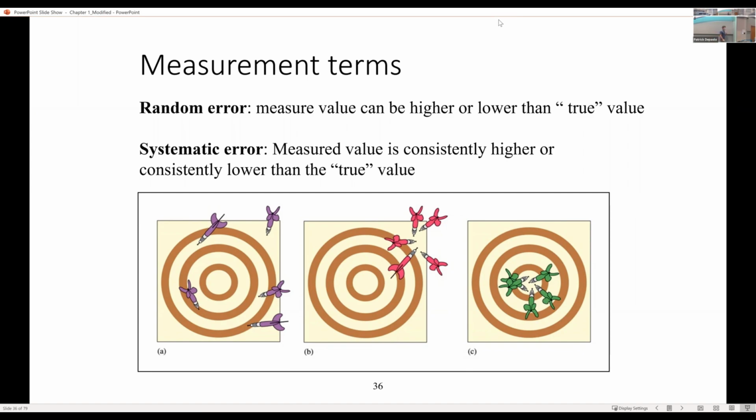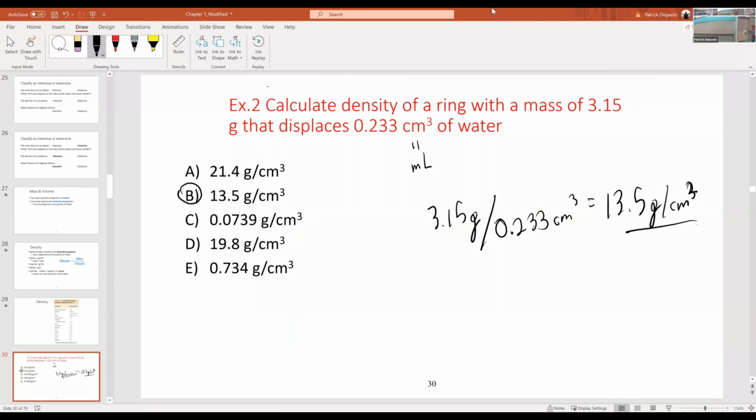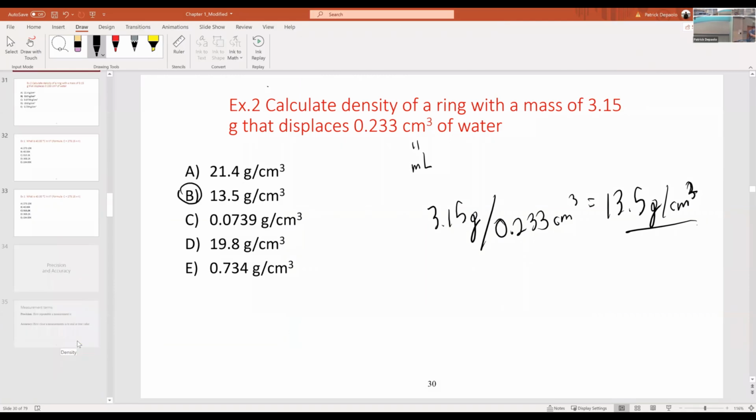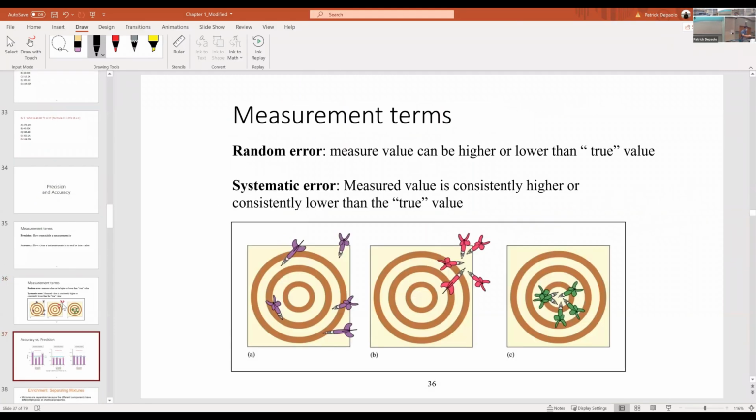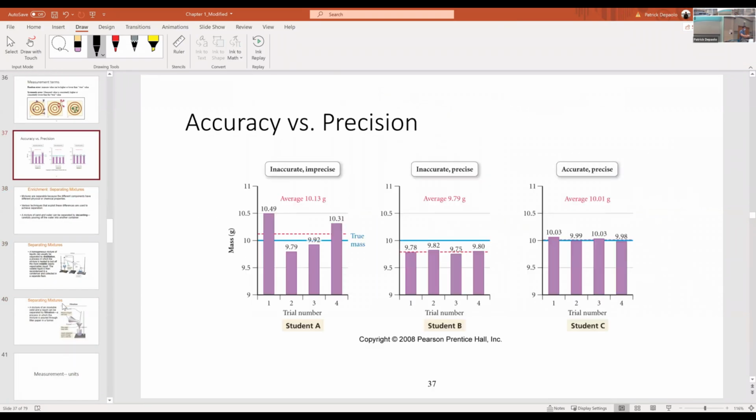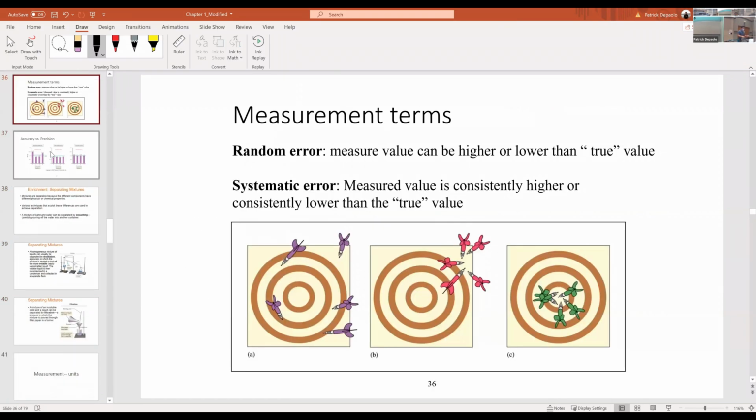So if you were to see a graph that showed this, it would look like this. Let's say you're supposed to get this as a graph. Something that is accurate and not precise would look like this.